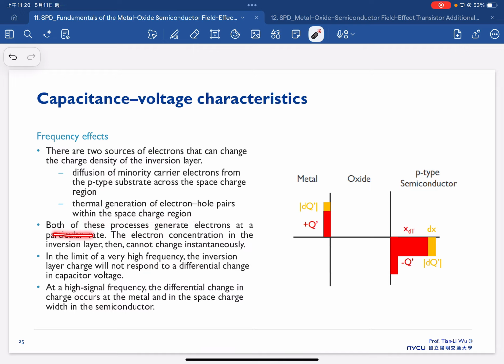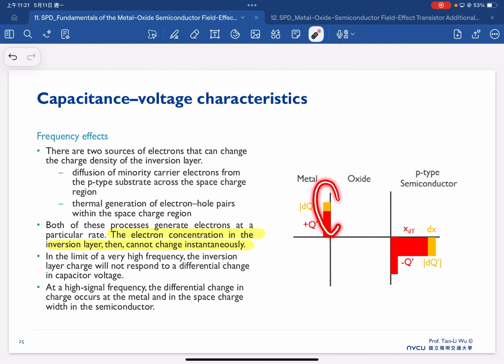Both of these processes generate electrons at a particular rate, and the electron concentration in the inversion layer cannot change instantaneously.